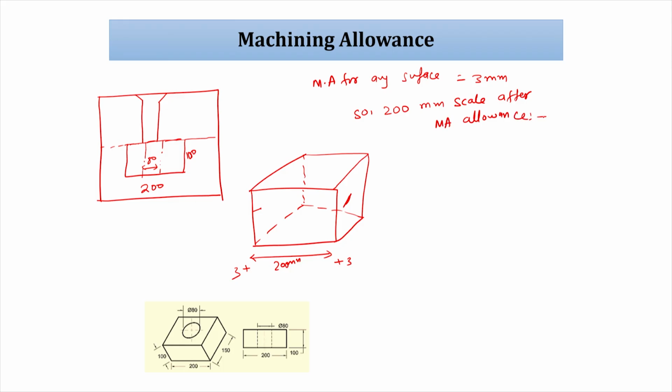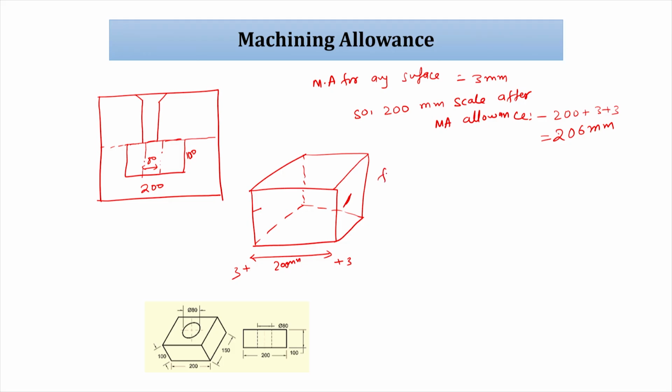I am not taking shrinkage allowance here. If you added shrinkage in the last problem, first add shrinkage allowance, then add machining allowance. So, the dimension will be 204 point something plus 6 mm, 206 mm.